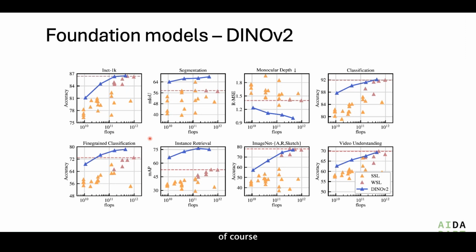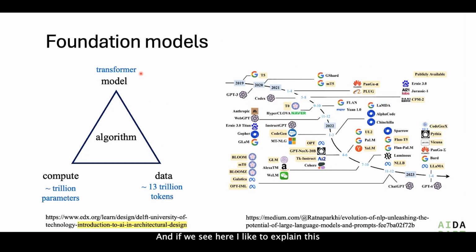So now the question, of course, is how we can actually achieve this. The results are great, but how do we get this to work? I like to explain this today through the lens of the triangle of success, which I slightly modified from content that you can probably find very soon in Introduction to AI and Architectural Design on edX. There you have three components: compute, data, and algorithm.